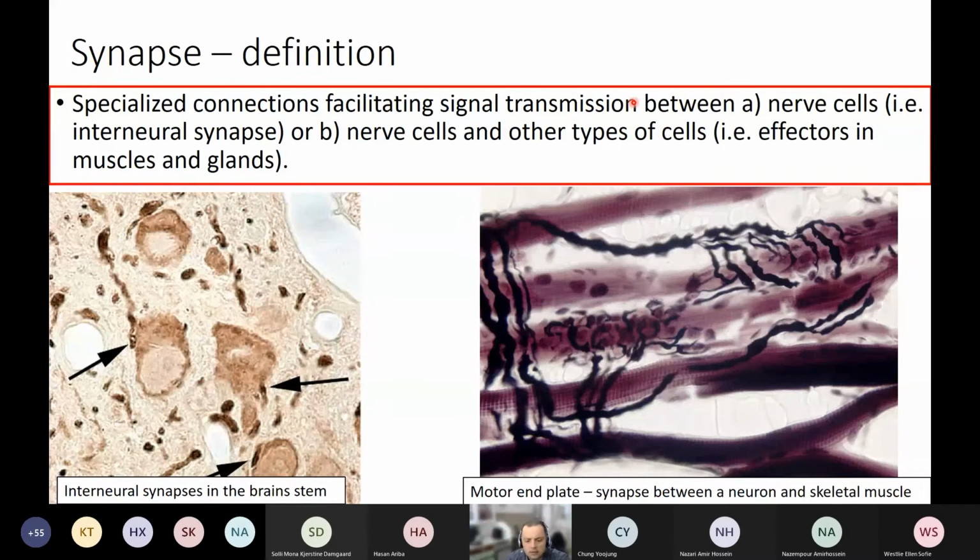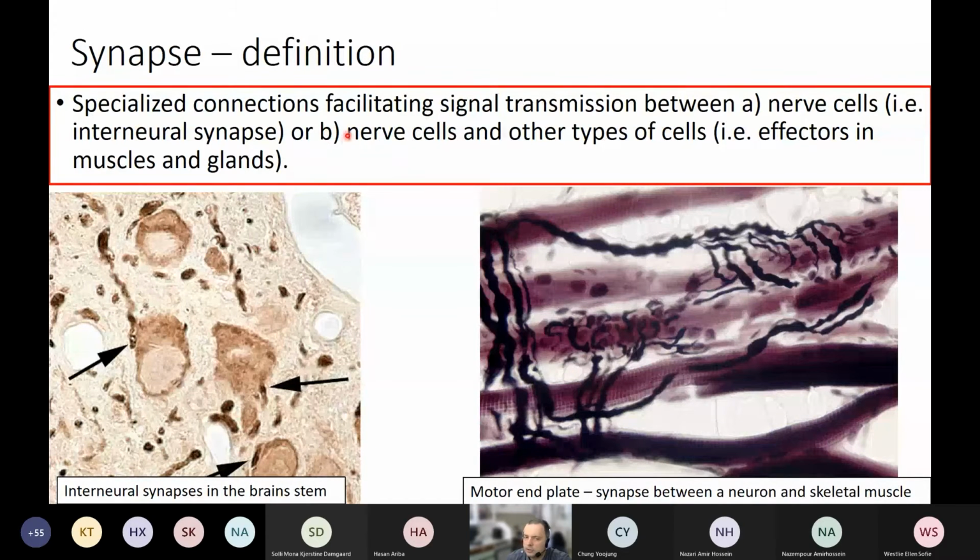I opened several neuroscience books to find a nice definition, but this is hard. Most of the time it is defined as specialized connections between cells facilitating the signal transmission. Now, if it's about signal transmission between nerve cells, it's about interneural synapse. This is what we are going to talk about today.